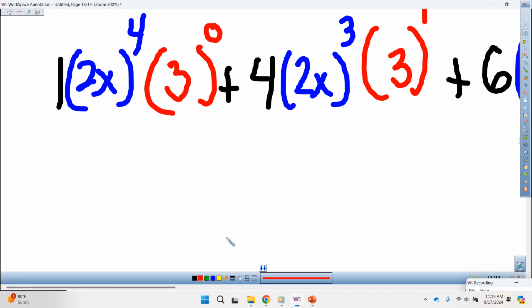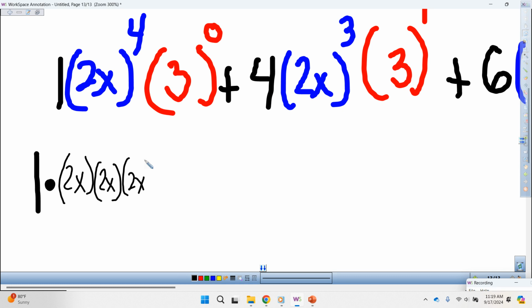Here it goes. I write the number 1. This is multiplication. Then it's 2x to the 4th power. Is that correct? So that means 2x times 2x times 2x times 2x.